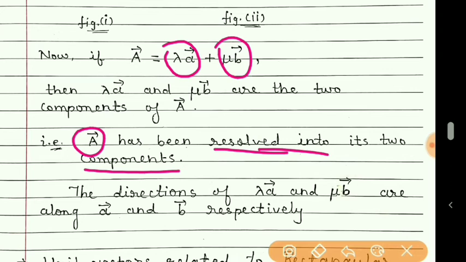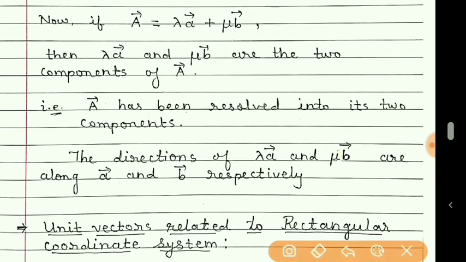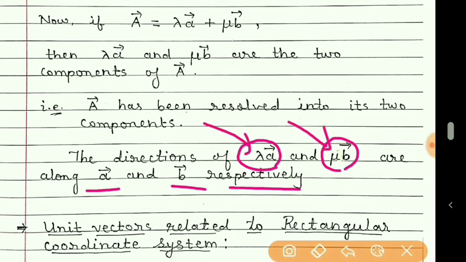Now the direction of lambda a vector and mu b vector is the same as that of vector a and vector b respectively, because we have simply multiplied with real numbers, since lambda and mu are real numbers. So only magnitude will change. Direction will remain the same because lambda and mu are taken as positive real numbers.